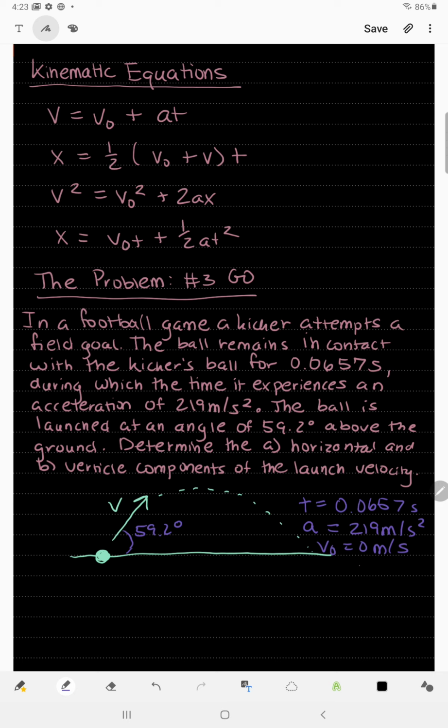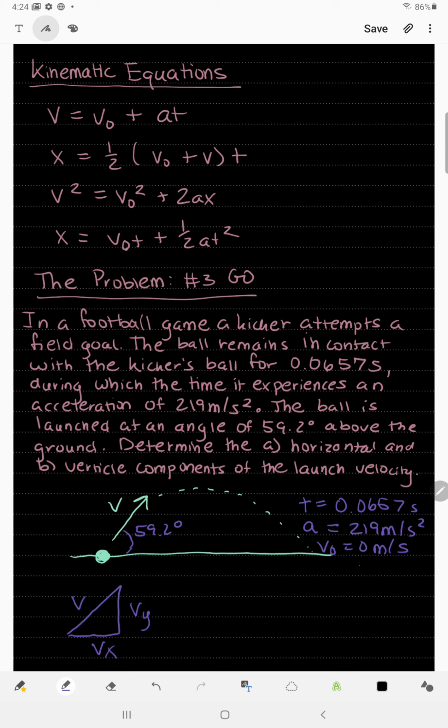We don't have any components of velocity figured out, so we're probably going to want an equation that fits one of those components of our triangle. We have a hypotenuse, Vy, and Vx. If we can get acceleration, time, initial velocity, and one of these velocity components, we can figure out this problem.